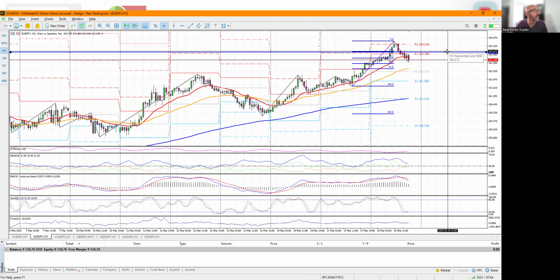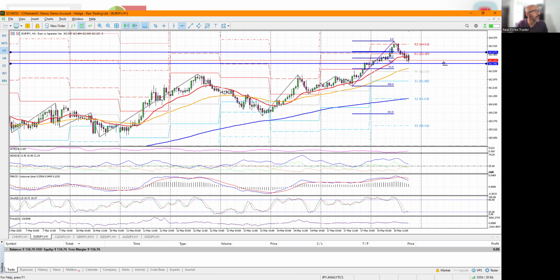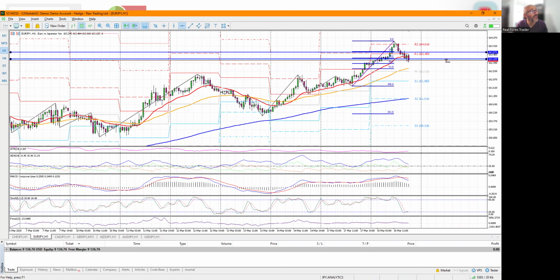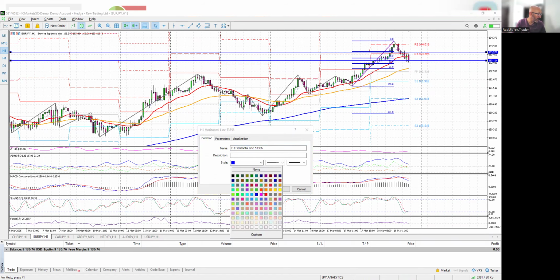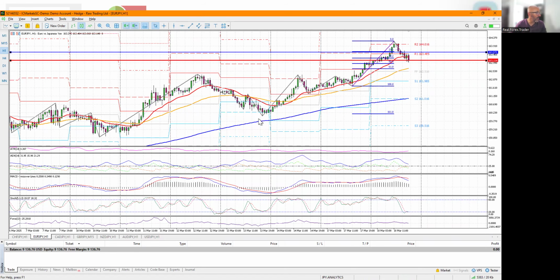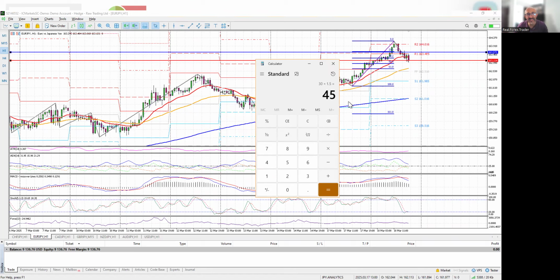If I enter here, my 45 pips is on the 163,114. This is my stop loss.